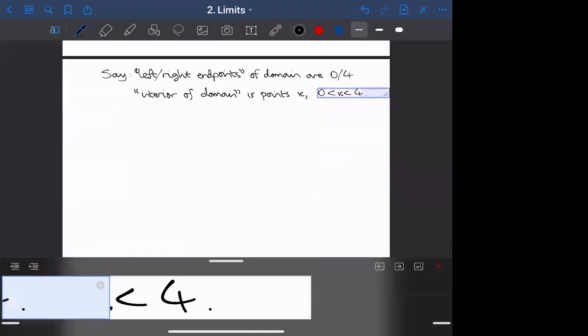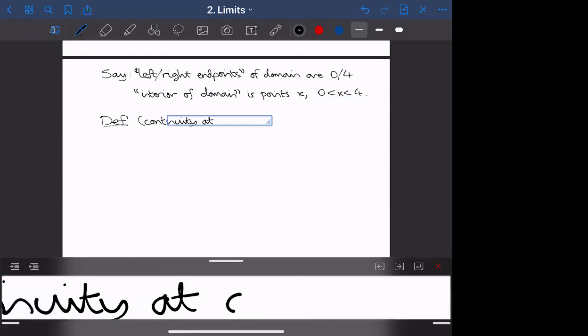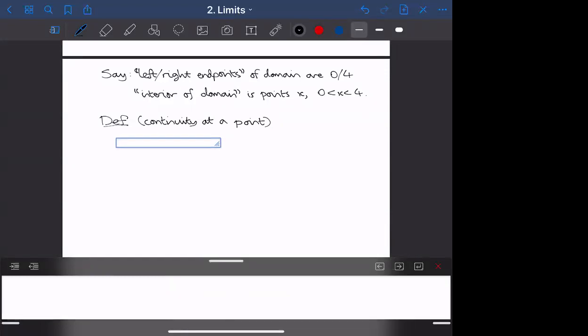And then I'm going to define continuity at a point as follows, but in 3 different ways, depending on what sort of point we're talking about.